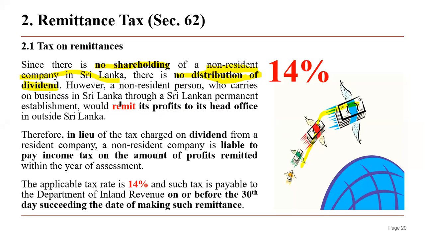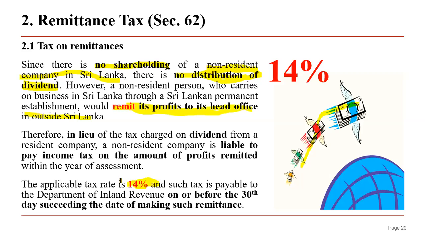The highlighted words are very important: outside Sri Lanka. Therefore, in lieu of dividend, the Inland Revenue will charge tax on that remitted amount. That is the remittance tax, and it is 14%.